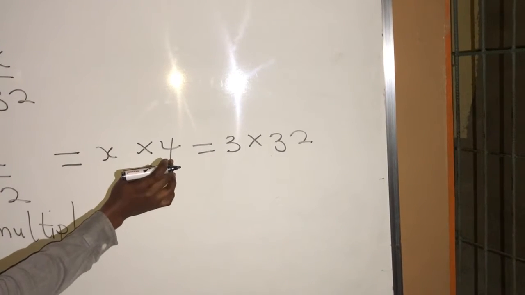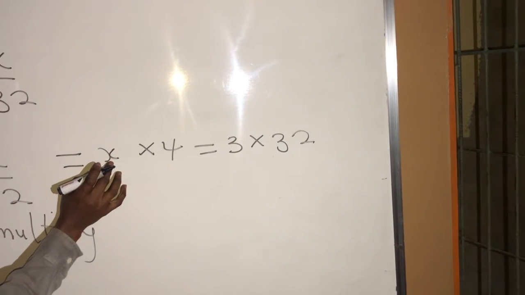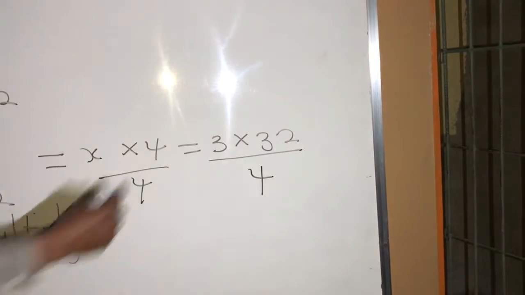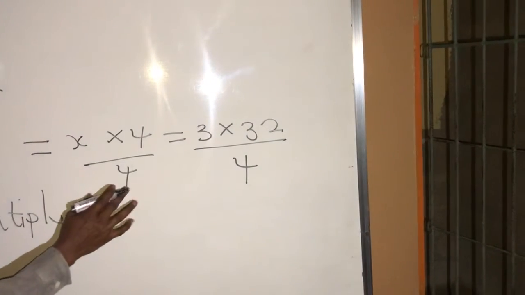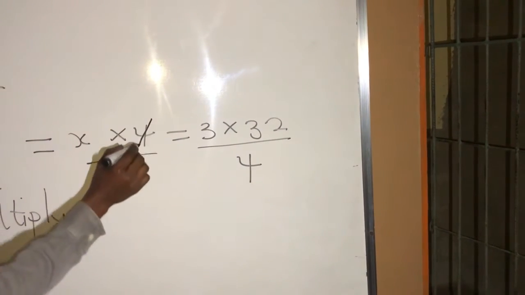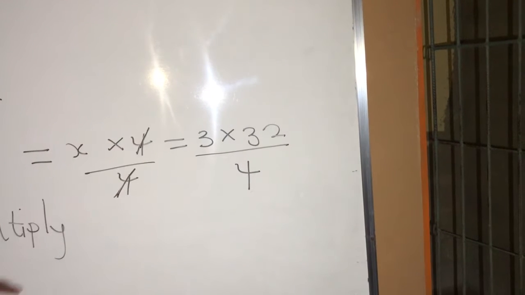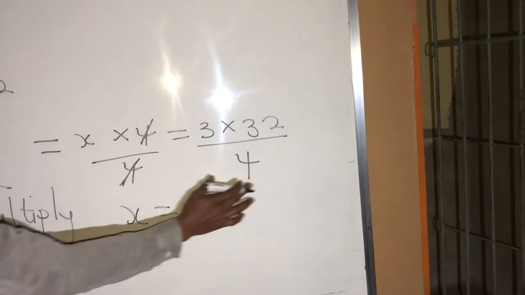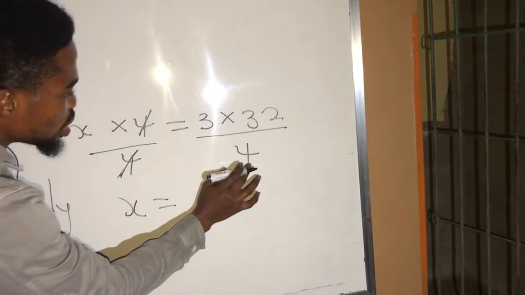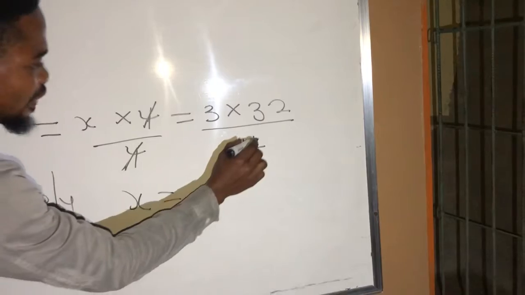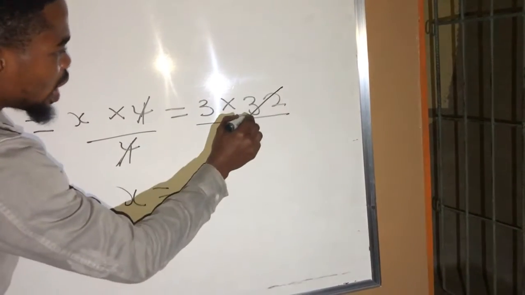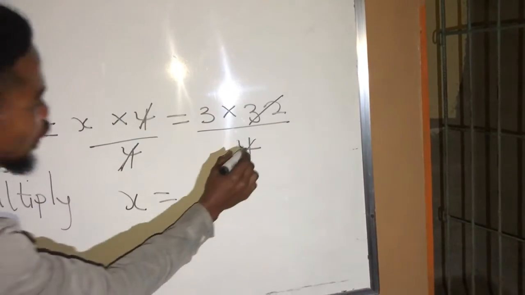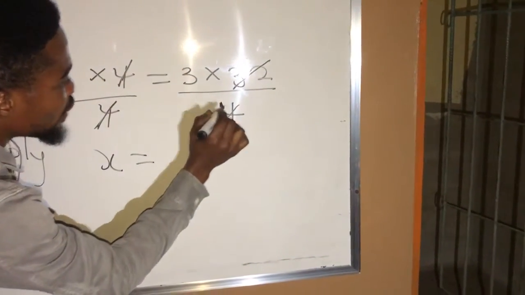So I divide by 4 on both sides. 4 goes into itself and cancels 4, and what is left is x. Now I use this other number: 4 goes into 4 one time, and 4 into 32 goes 8. So 4 times 8 will give us what?